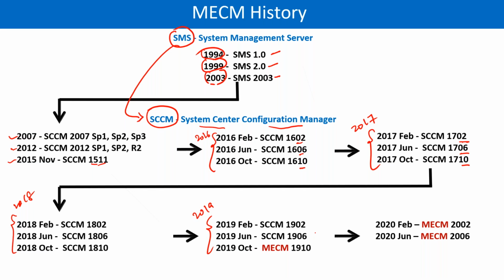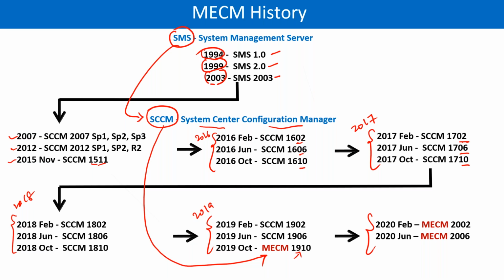As you recently upgraded your SCCM from the old version to 1910: from 1910 onwards, it is no longer SCCM, it is MECM, Microsoft Endpoint Configuration Manager. They changed the name from SCCM to MECM, and this is the 1910 October release.